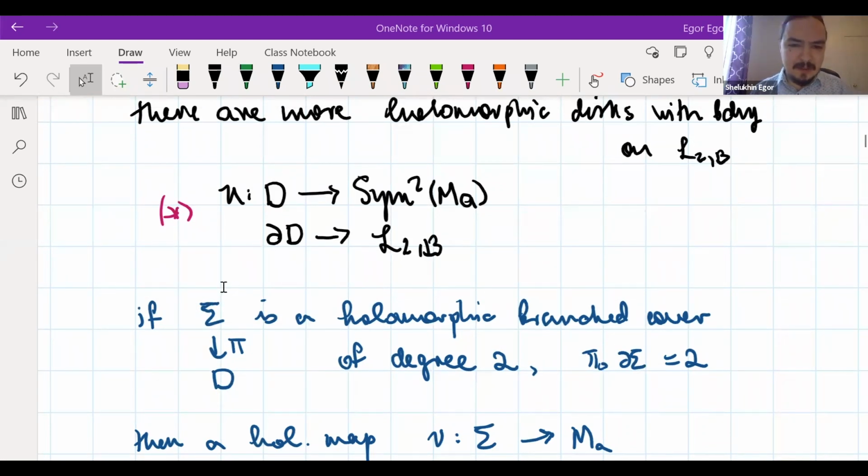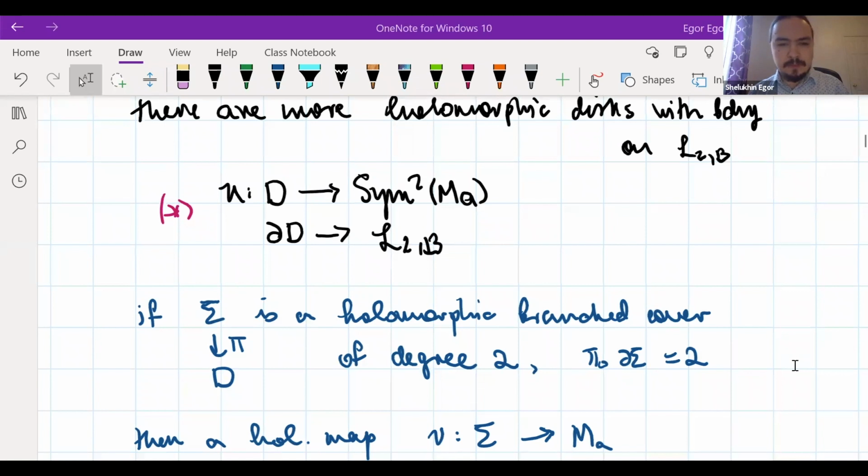So we take sigma going to the disk with a holomorphic map pi. It's a branched cover, and we require it to be of degree 2. This degree 2 corresponds to the second symmetric product, the symmetric square.